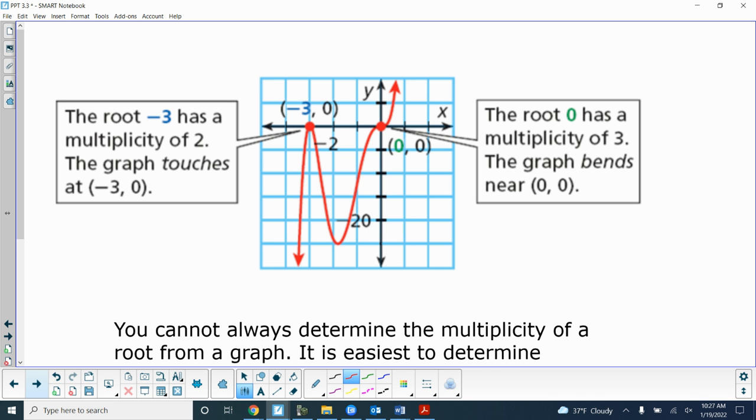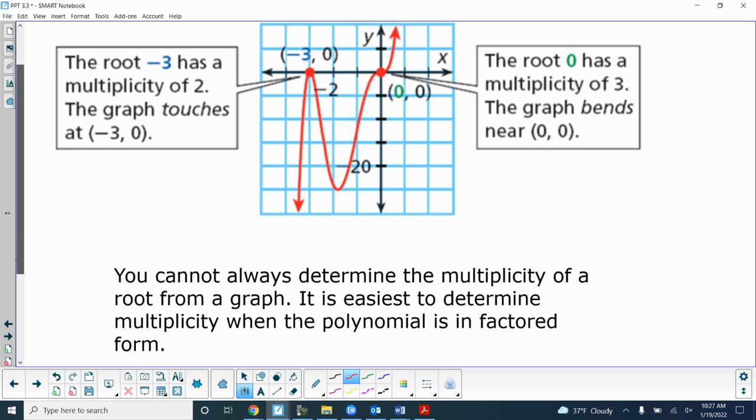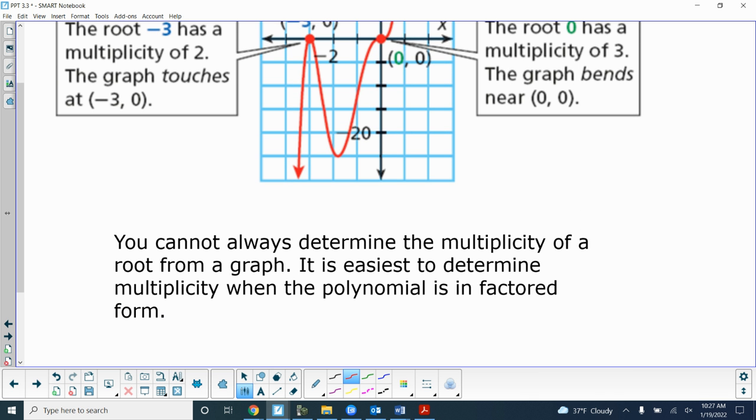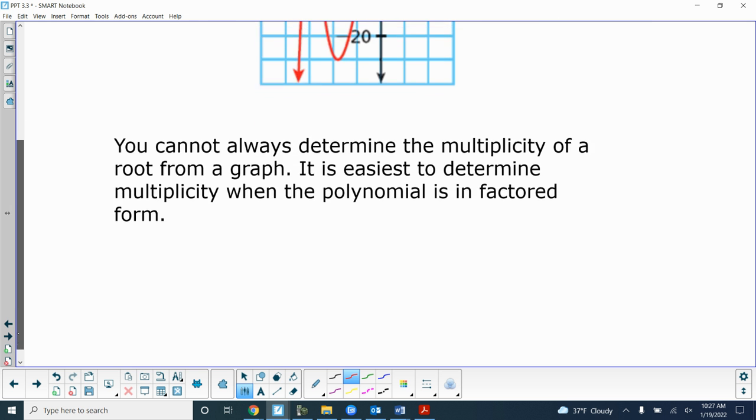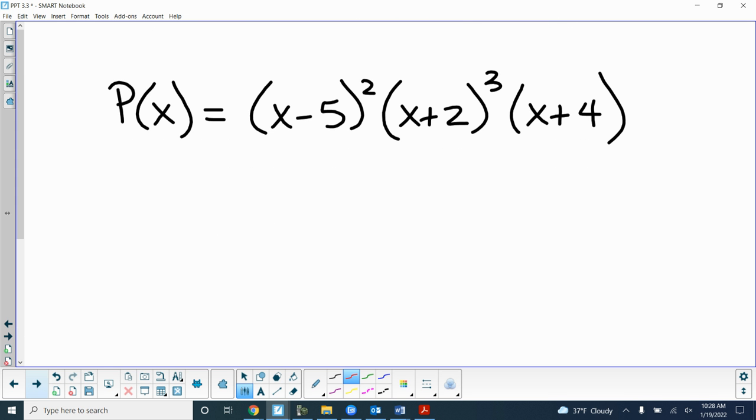It says you cannot always determine the multiplicity of a root from a graph. It's easiest to determine multiplicity when the polynomial is in factored form. So if it's in factored form already, you just look at the exponents and it'll tell you if it has even or odd or no multiplicity, like that last problem on our quiz last week. That was in factored form, like this example here. So what's the 0 for the first factor there? 5.